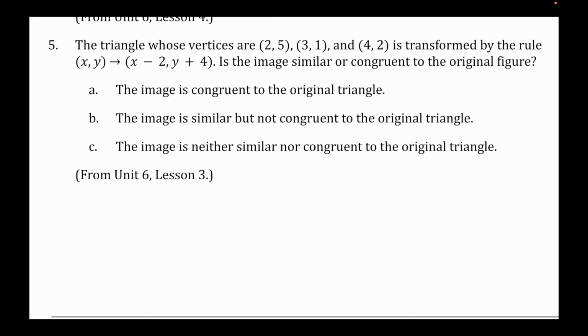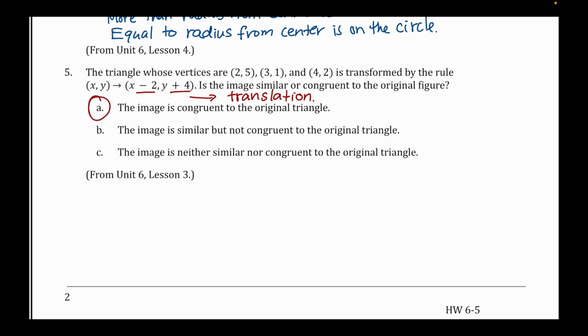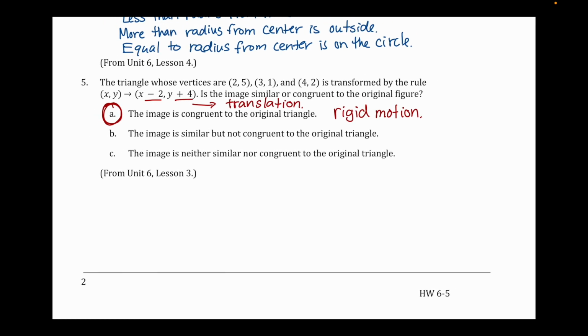Well, if I am just subtracting and adding numbers, this is a translation because I'm just moving those points. And so it is going to be A, which is congruent, because it is a rigid motion. Now, they didn't ask me to put a reason, but I'm going to give you a reason there.